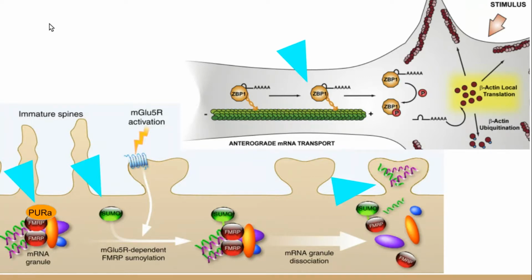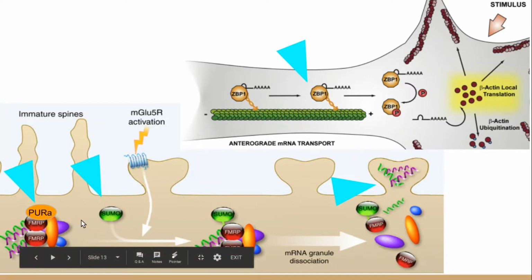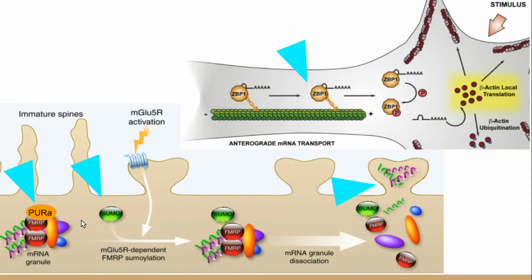Some might be involved in regulating translation, and some might be just holding it together. And some might be functioning as an adapter to kinesin, which is what I'm trying to tease out in this video. But basically, FMRP, known for Fragile X, is a very likely candidate for mRNA granule transport.